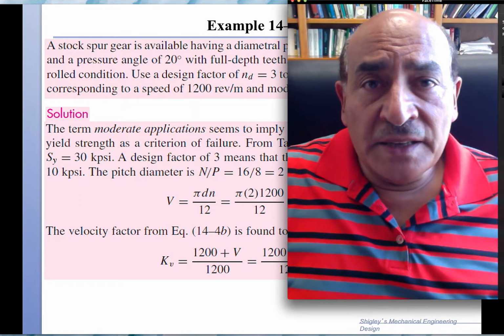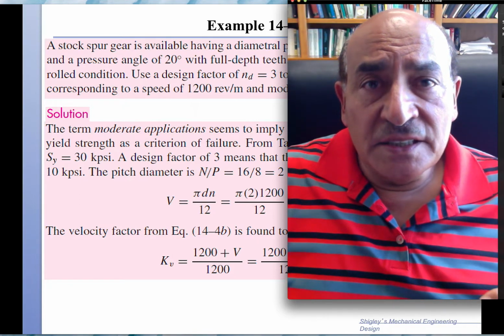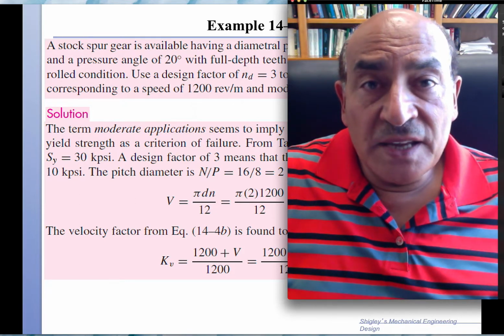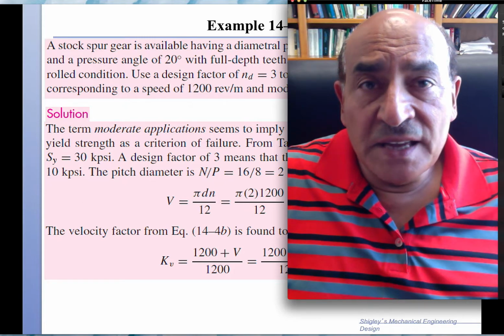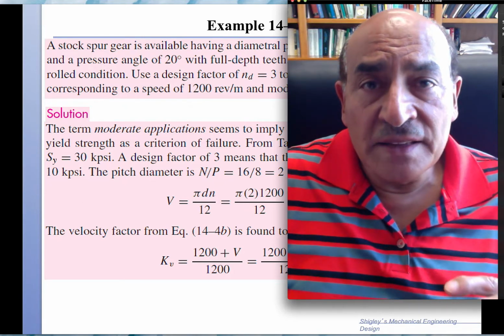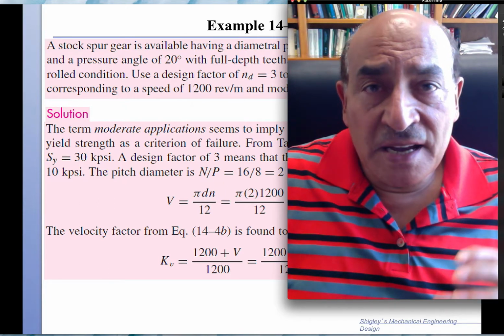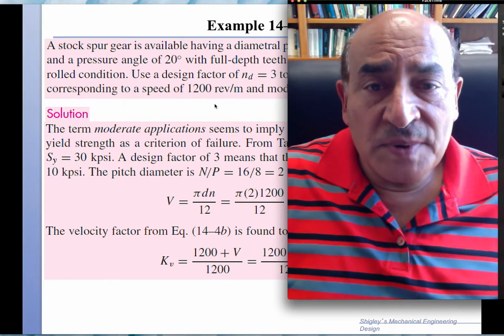And once we have the pitch line velocity, we need to find the maximum tangential force that can be transmitted to any tooth in this gear based on the Lewis formula and the strength of the material and the safety factor. So once we know that WT, then the product of this force WT times the pitch line velocity is going to be the maximum allowable horsepower. That's what we have here.